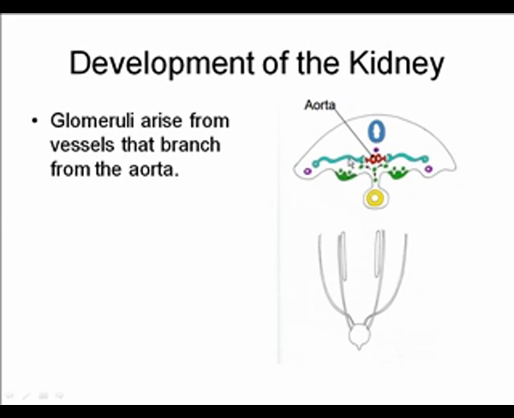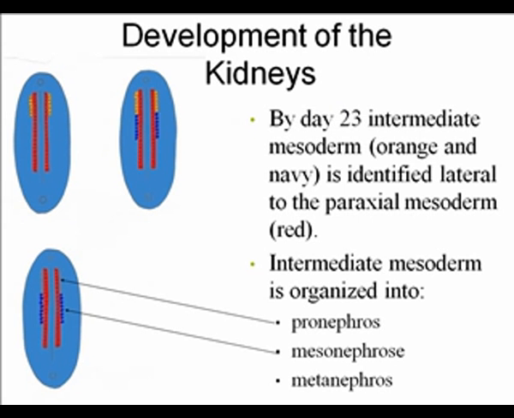As they continue to develop in a caudal direction, the nephrotomes will connect with branches off the aorta, and these branches that come off the aorta will give rise to the glomeruli. By day 23, the next set of nephrotomes is beginning to develop.